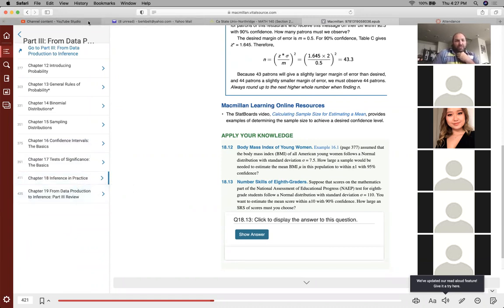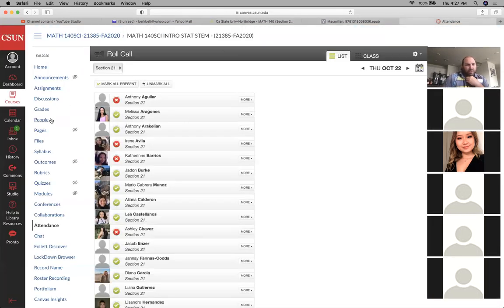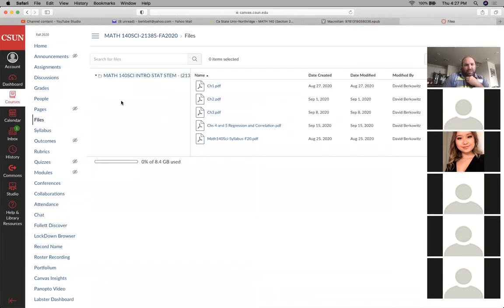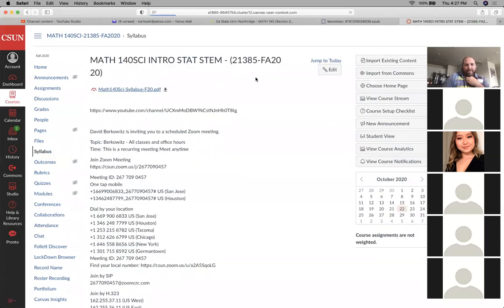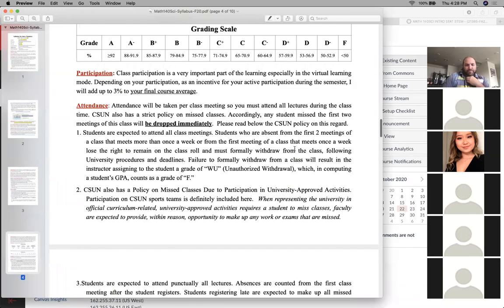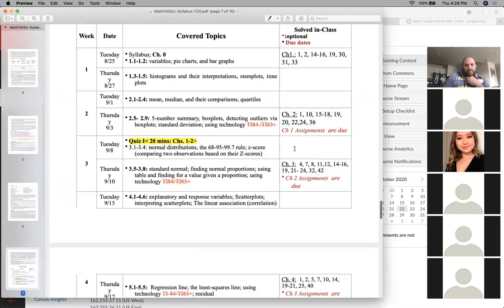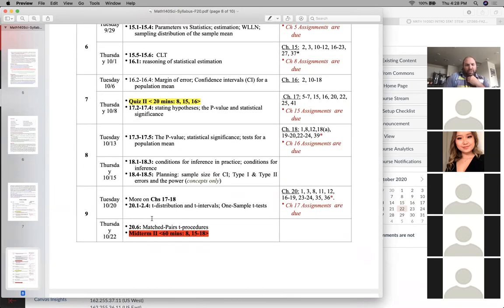Let me load up the syllabus for this class so I can make sure that I do the right chapter next. So we're in week 9 now, according to this. Most people are taking the test today, but we're a little bit behind.